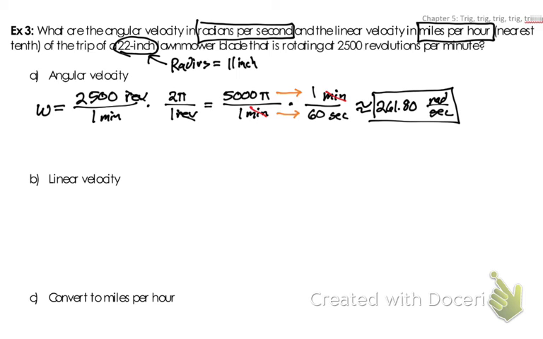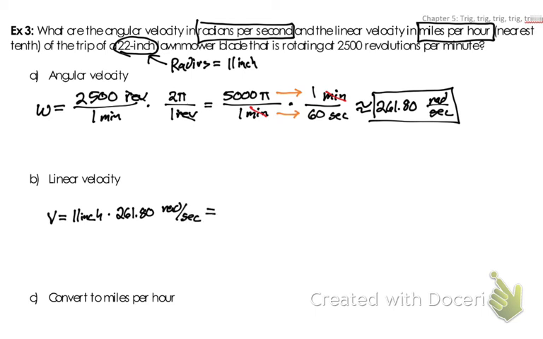Okay, so we have 11 inches, so all we have to do is say our linear velocity is just going to equal that 11 inches times our angular velocity, which we said was 261.80, in radians per second.